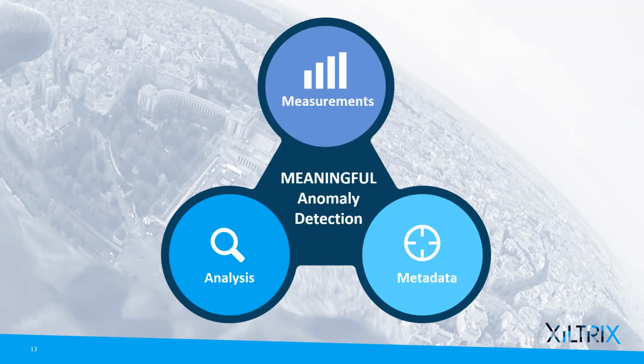Because the analysis, as we discussed a little bit earlier, is that key aspect. So you need very, very accurate measurements. You need a lot of metadata to make more sense of those measurements. And then keep working at the analysis to have meaningful anomaly detection. And I think the key word is indeed meaningful, because what is meaningful to one lab isn't necessarily meaningful to another lab.